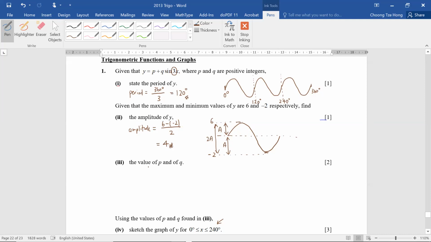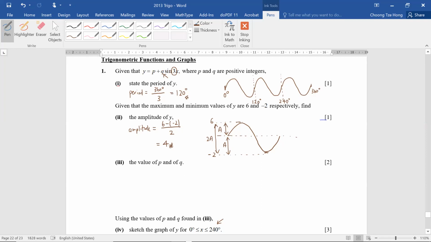Okay, part 3, find the value of P and of Q. If you recall the form of the equation, what do P and Q signify for a trigo graph? The number in front of the trigo function, the sine x or the cosine x or whatever, is actually the amplitude already.